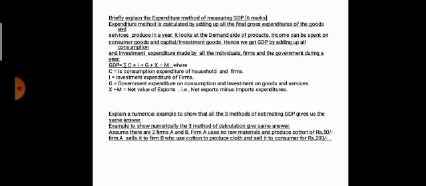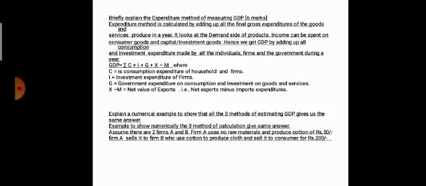Then income method, we have seen it is the sum total of all the incomes received by the people of the country in the form of rent, wages, interest and profits together. Then in the expenditure method, we have seen it is the sum total of C plus I plus G plus X minus M, that is consumption expenditure of households and firms, then investment expenditure of the firms, government expenditure on consumption and investment, and X minus M is what?